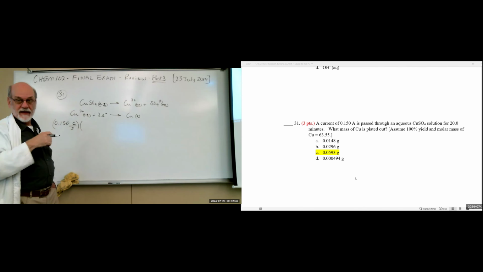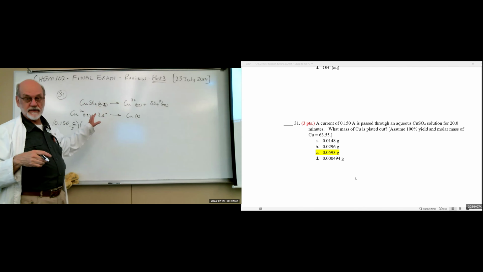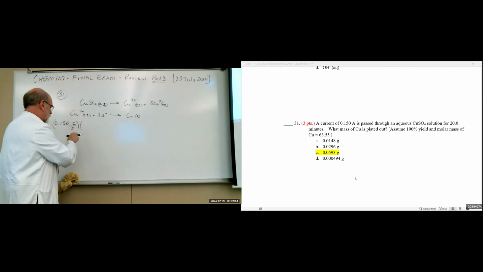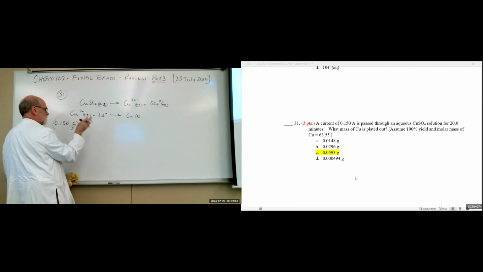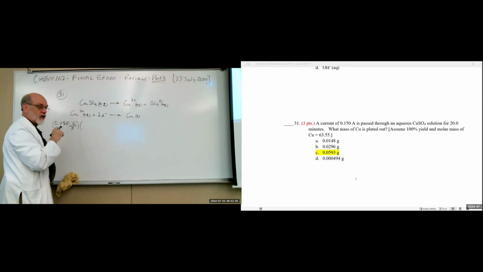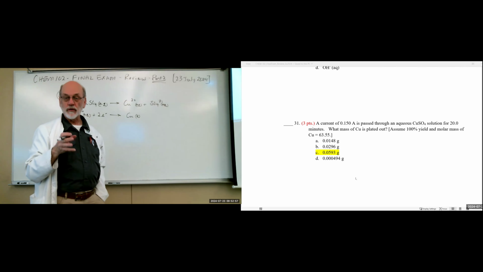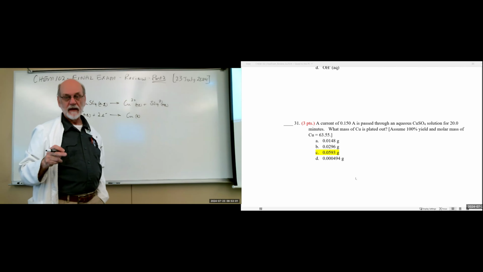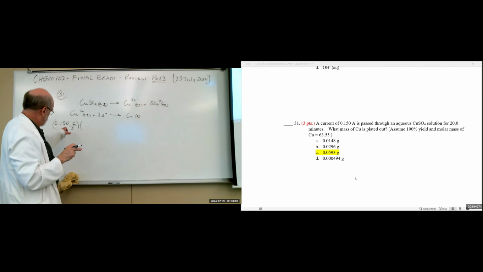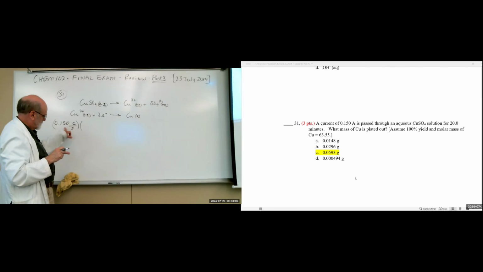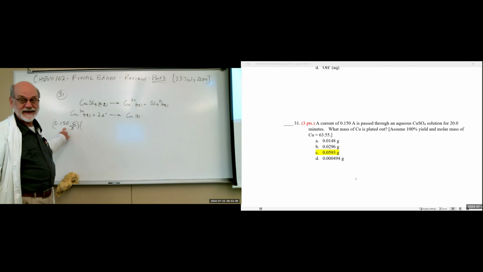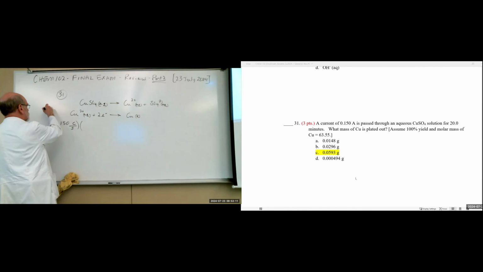At this point, it becomes a dimensional analysis problem. In order to relate this charge to that equation, we need to know how many moles of electrons are actually being delivered. With this amperage, how long does it go on? 20 minutes.